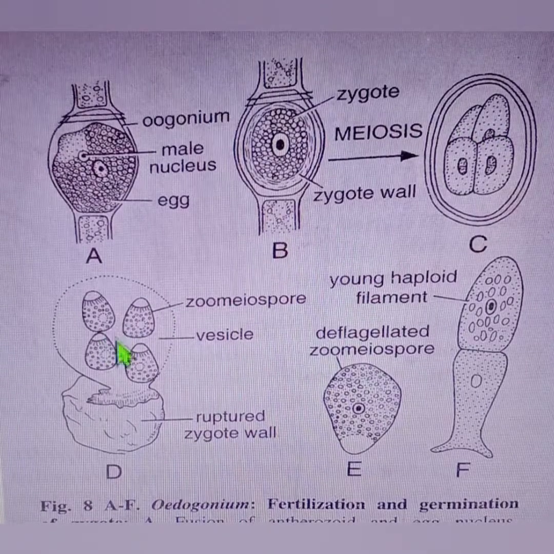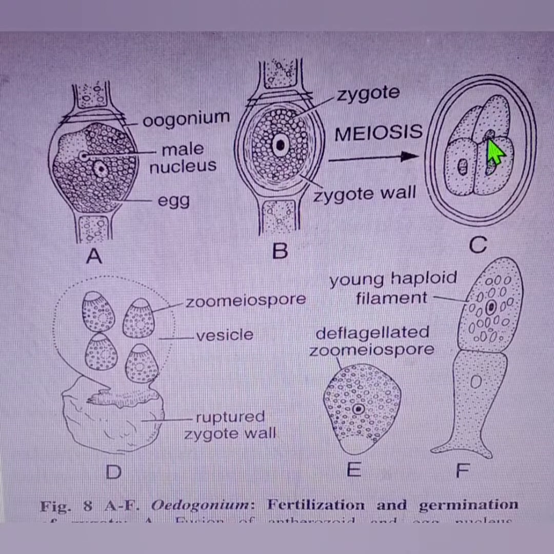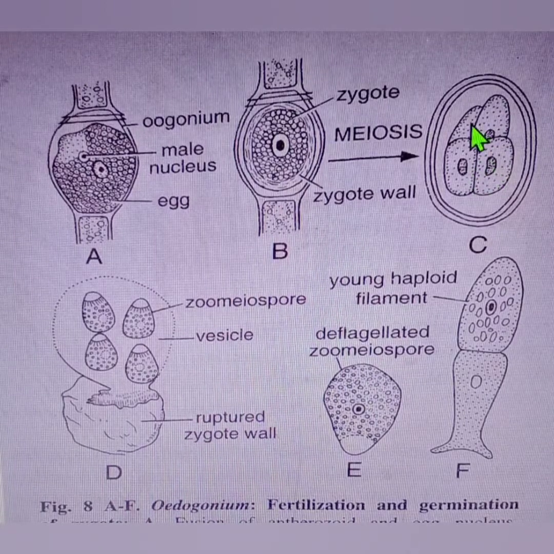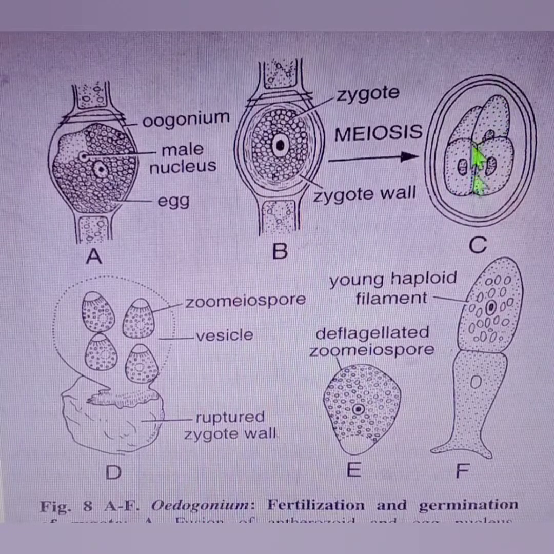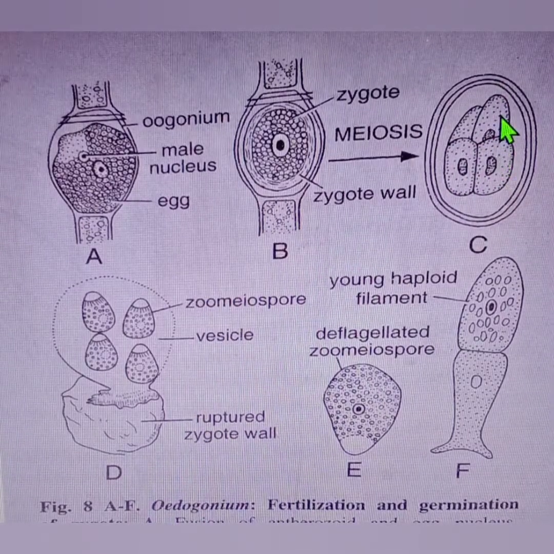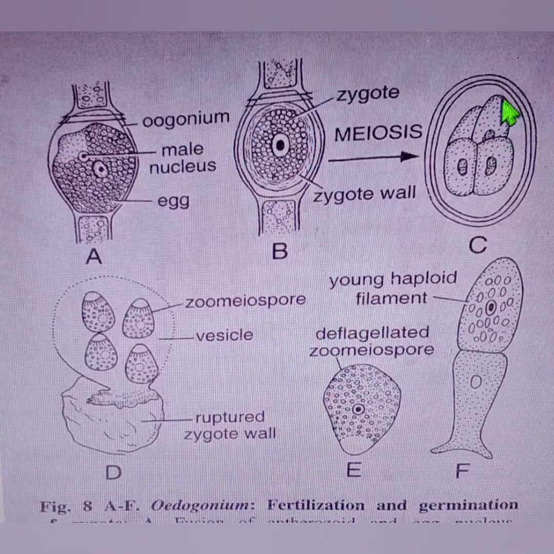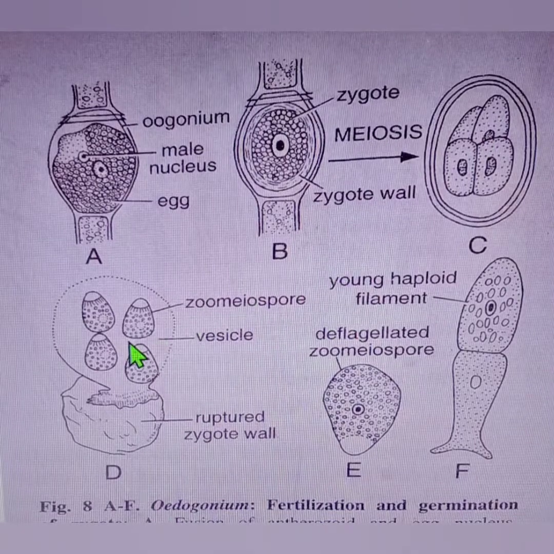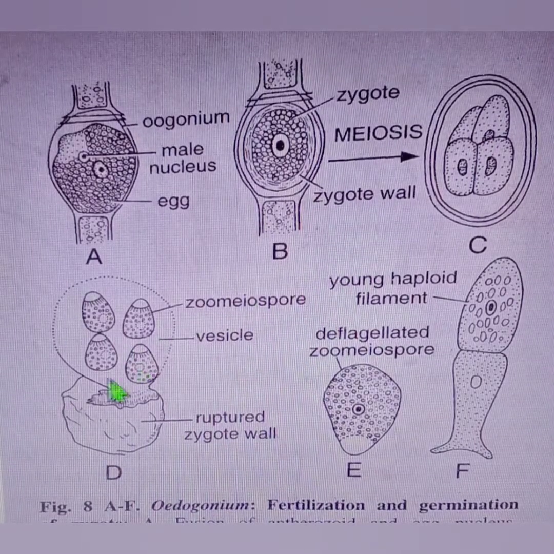So you can see in figure C, not only the nuclei, there are 4 haploid nuclei, and the protoplast also divides into 4 segments, and each uninucleate segment will then develop, as you can see here in figure D, into a multiflagellate zoospore.